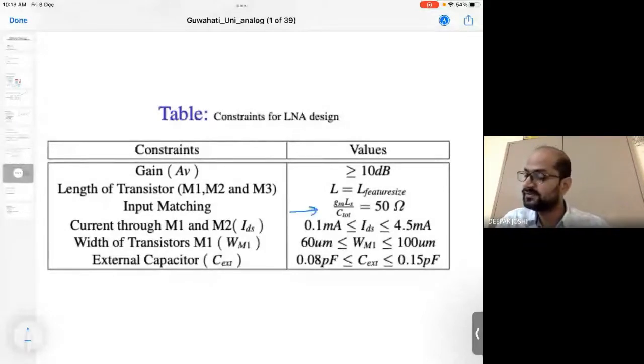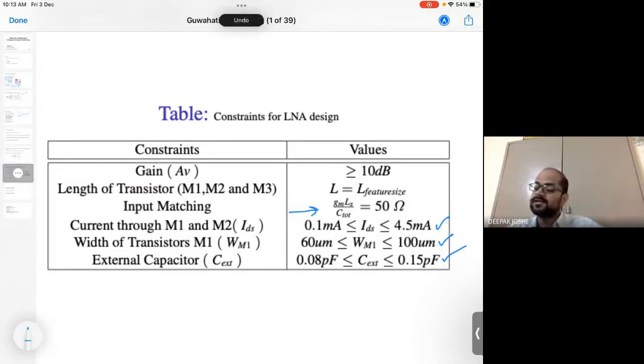It is a good way to represent the constraints because they can directly be fed into the optimization algorithms. Because, let us say this is your cost function, instead of gain, mostly we can consider that noise figure can be your cost function.